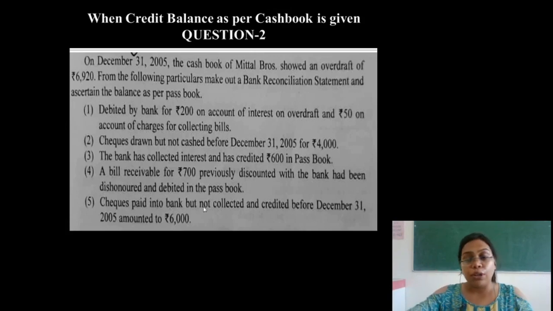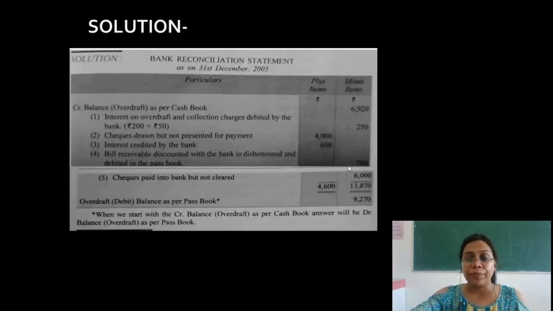So what we'll do now, we will show this amount here in the minus column. Bills receivable discounted with the bank is dishonored and debited in the passbook. It has already been debited in my passbook, but not in my cash book.